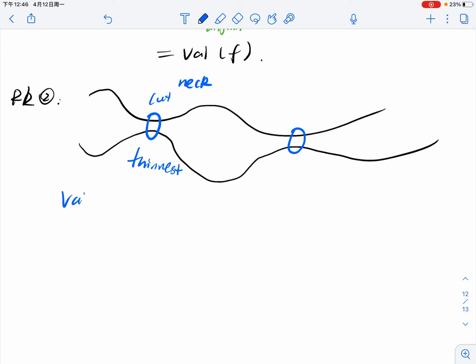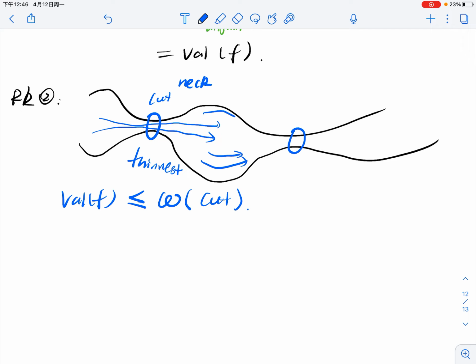So the value of the flow is less than or equal to the weight of the cut. From this picture, you can easily imagine what the theorem means.